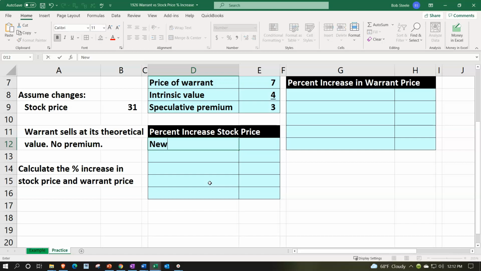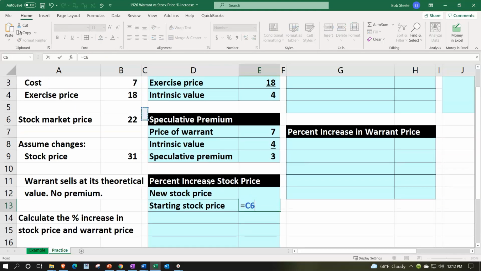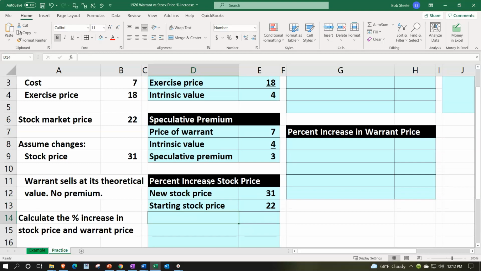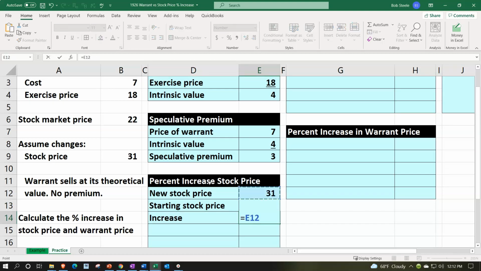So we're going to say the new stock price is now, we're saying, $31 versus the starting stock price, which we said was $22. That's a change or increase of 31 minus 22, so it went up by $9. Let's underline the 22 here.